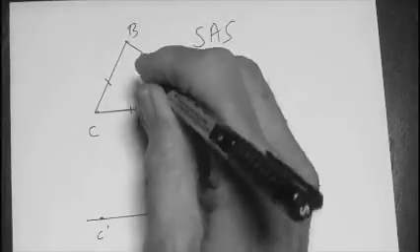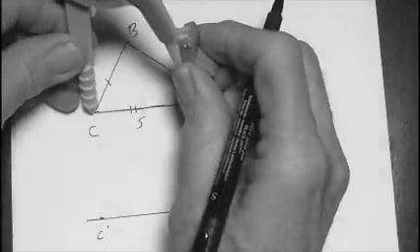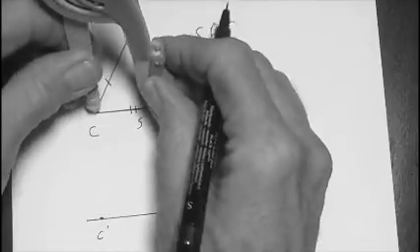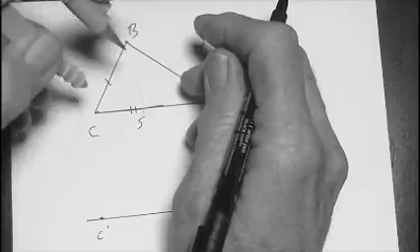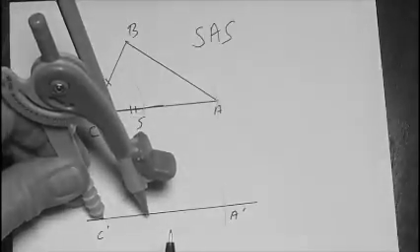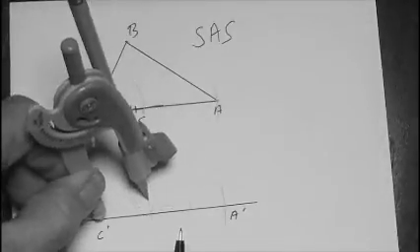Now I'm going to copy this angle here. What I need to do is copy the arc that I made across there so that I have another arc down here which is identical to it. There we go.